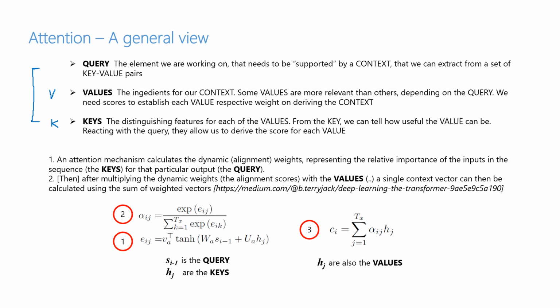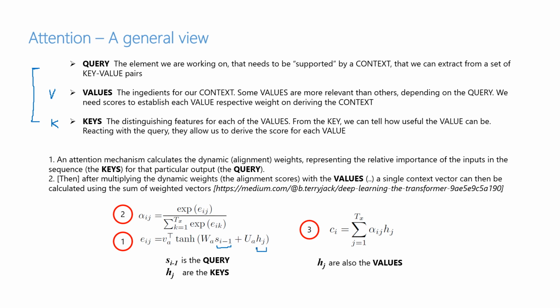So if we look at how attention was introduced before, we see that in formula number 1, we have the query, which is the previous state. And we make the previous state somehow react with all of the keys.